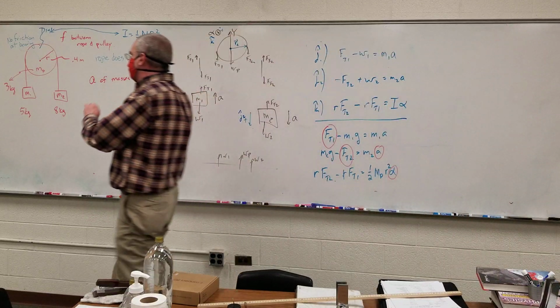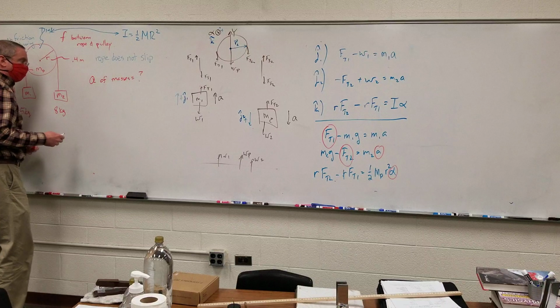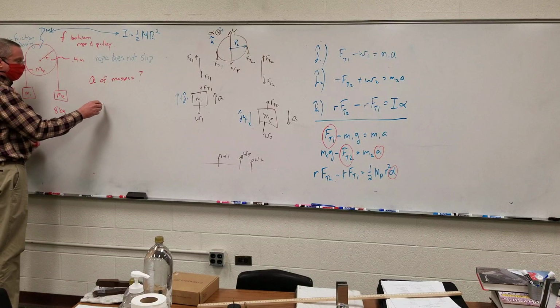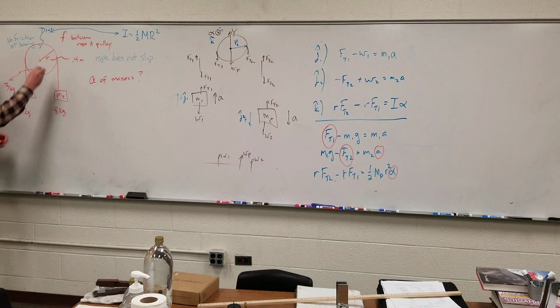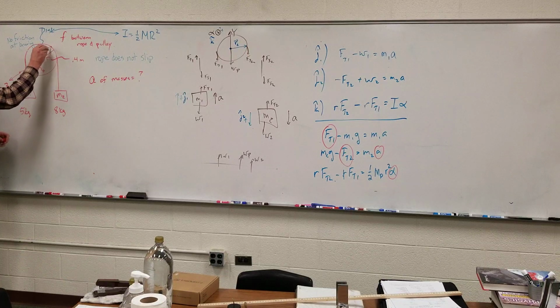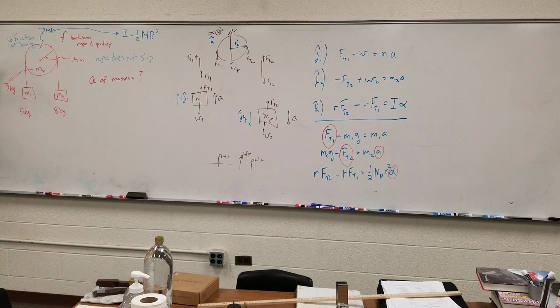So I have a disk that's spinning. What is the relationship between the linear speed of, let's say, a point on the edge here, and the angular speed? Are they the same? They wouldn't have the same units, so they can't be the same.